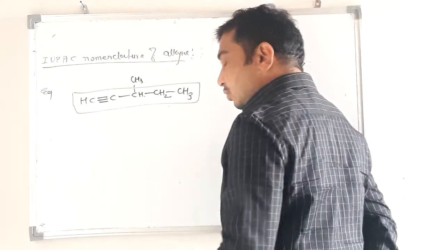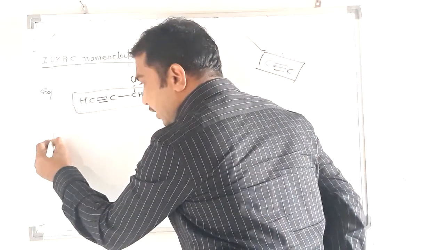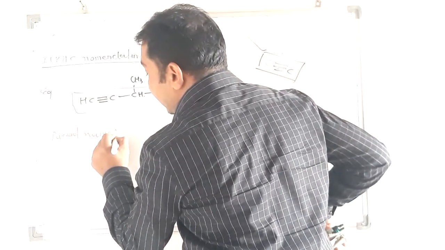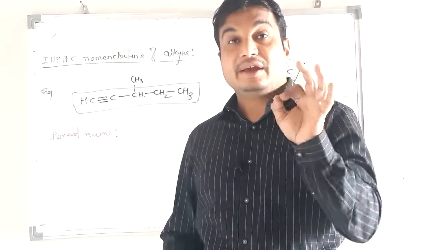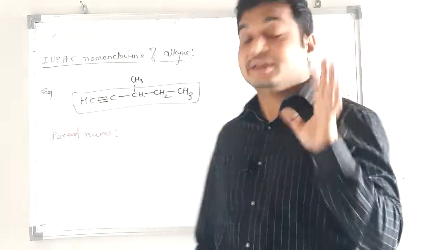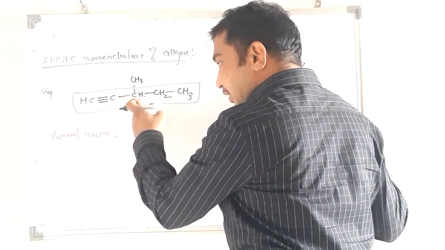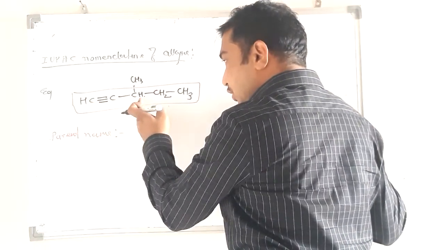So now we have to obtain the parent name. The parent name is obtained from the name of the alkane by replacing A and E by Y and E. How? Count the number of carbon atoms in the longest chain: 1 2 3 4 5.